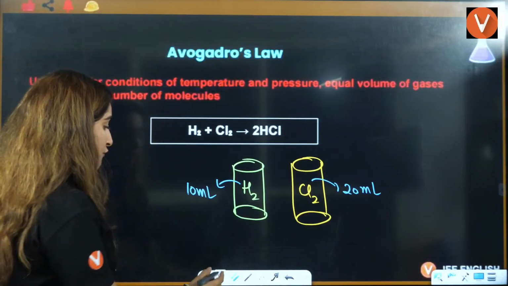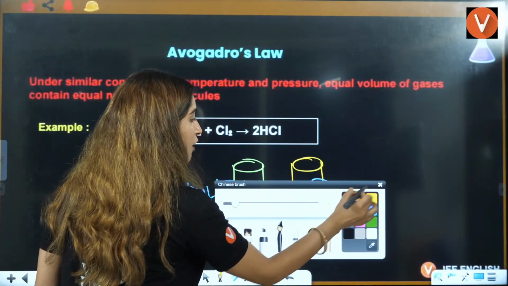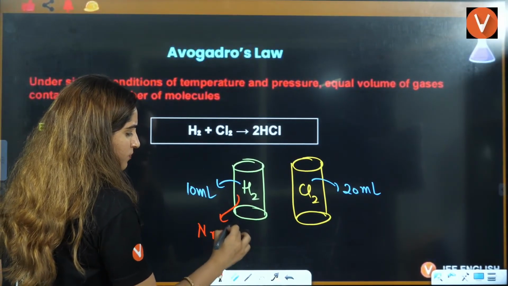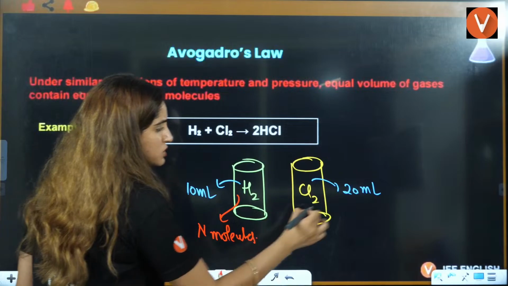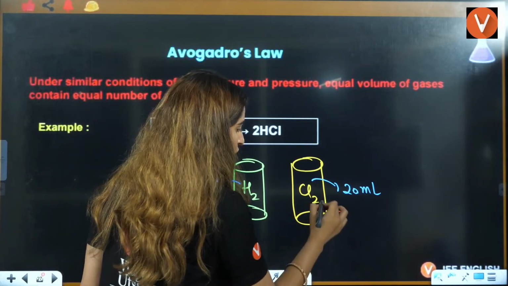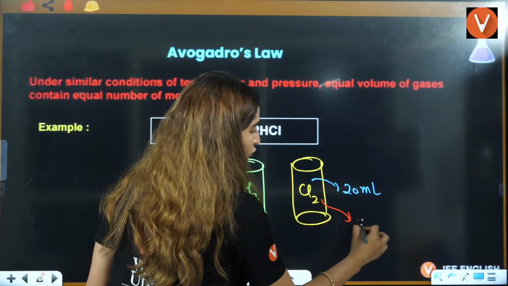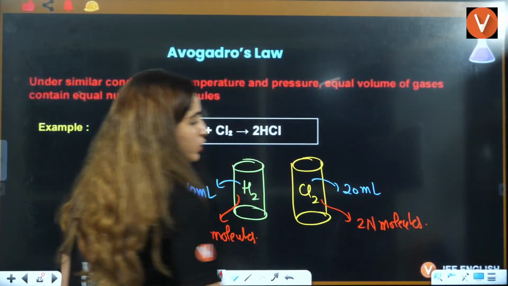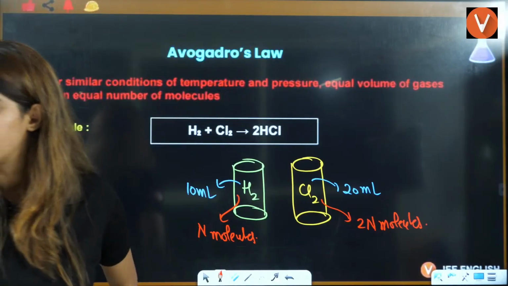That means if here you have, let's say, n number of molecules, this will have 2n molecules.